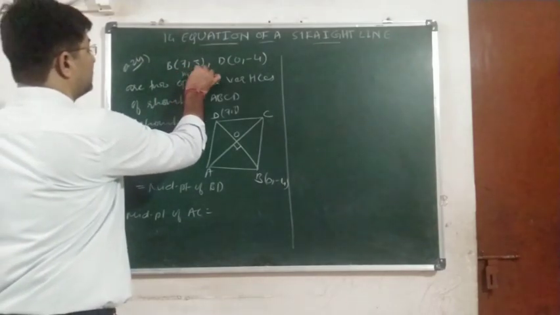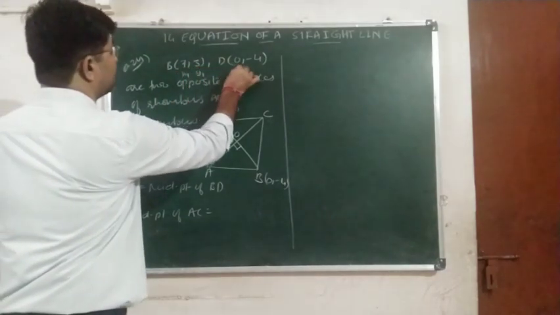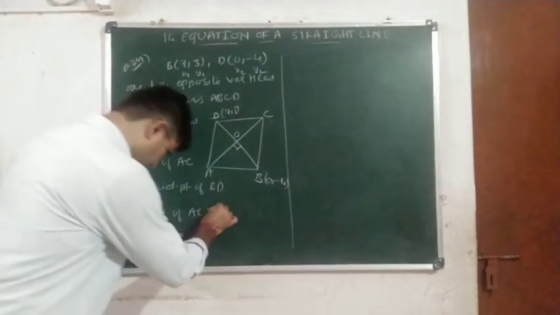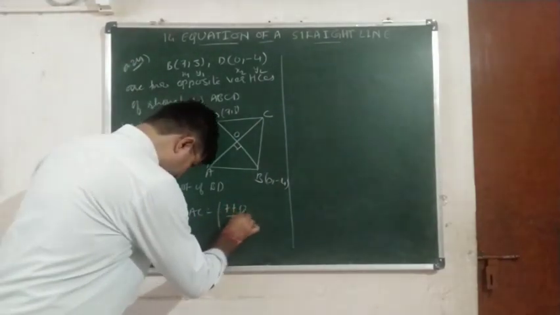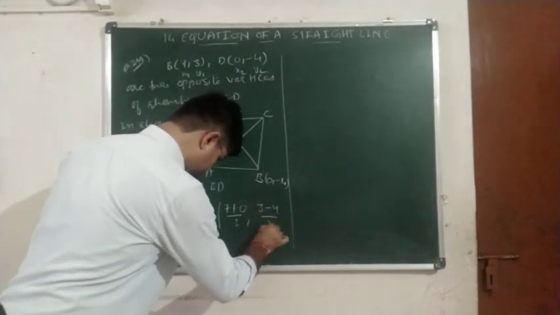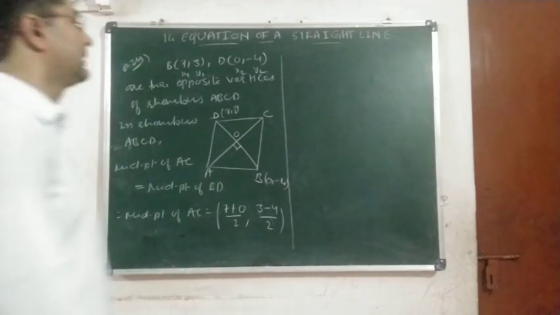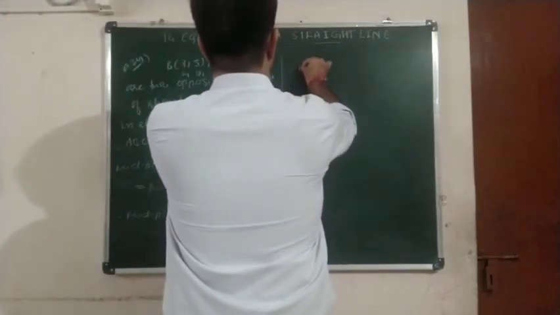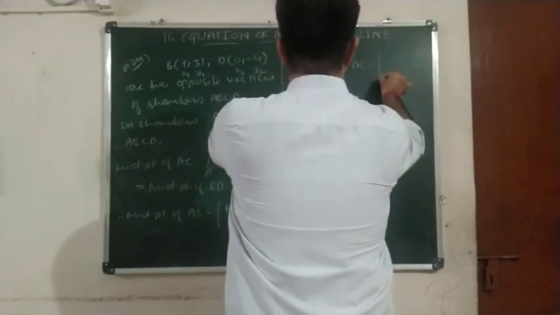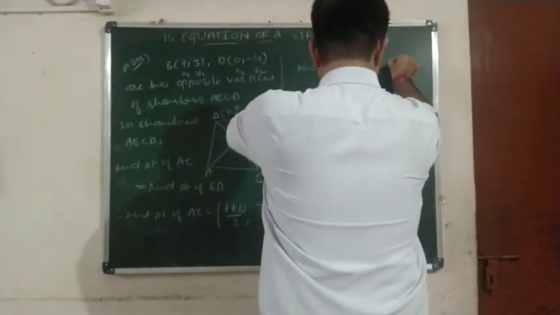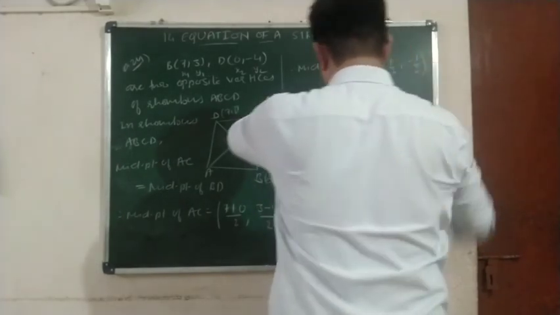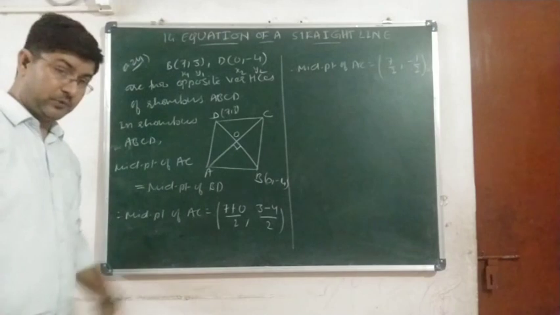Coordinates of B are x1, y1, coordinates of D are x2, y2. So (7 plus 0) by 2, comma (3 minus 4) by 2, and therefore midpoint of AC will be (7 upon 2, minus 1 upon 2). So we got the midpoint of AC.